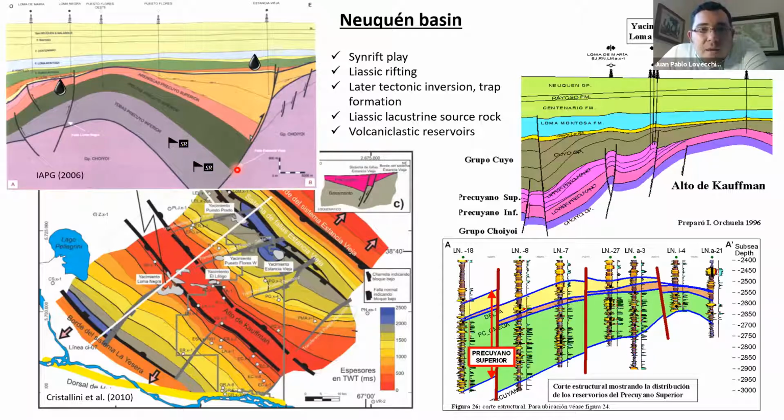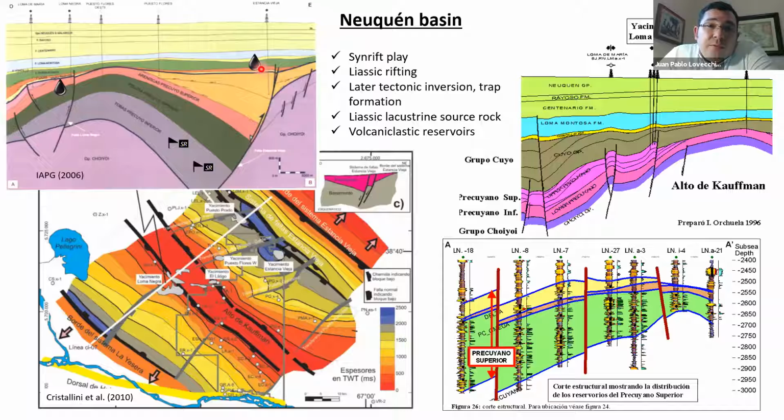There is some inversion which produces accumulation of oil generated in the lacustrine source rock in the bottom of the Precuyo, and this oil migrates and can be accumulated either in the volcaniclastic facies of the Precuyo, as in the case of the Loma Negra field, or in the Cuyo group above in the early to mid Jurassic.